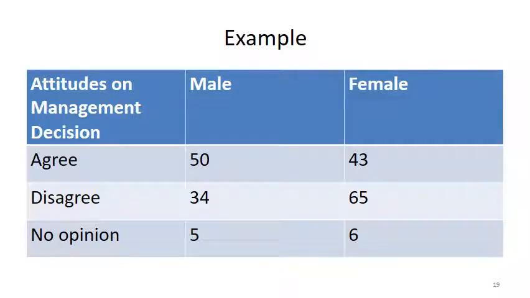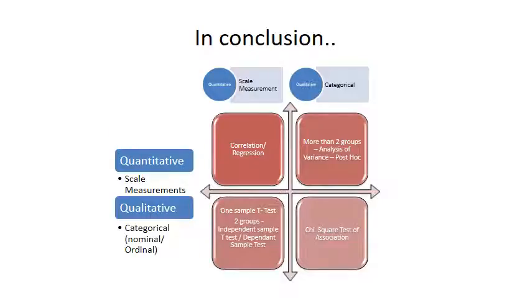So for example, let's say whether there's a relationship between attitudes of management decision and gender. So these are what we know as the frequency observed, and we calculate this against the frequency expected, and we check our chi-square against the chi-square table. So this is categorical and categorical.